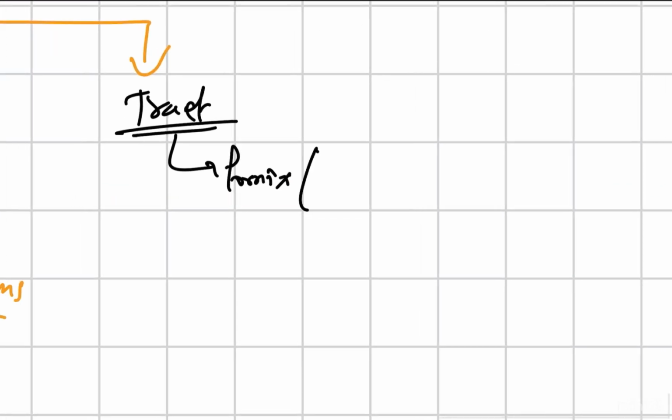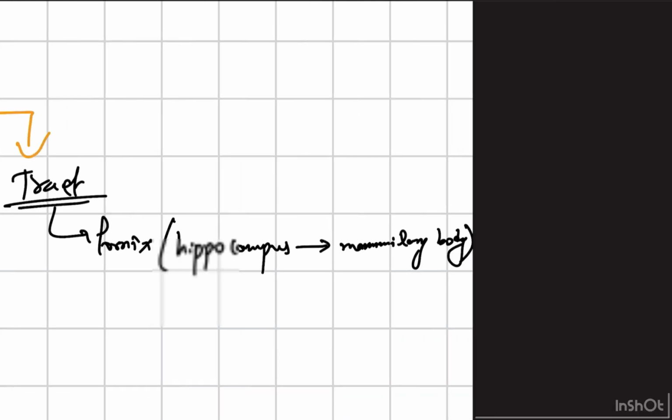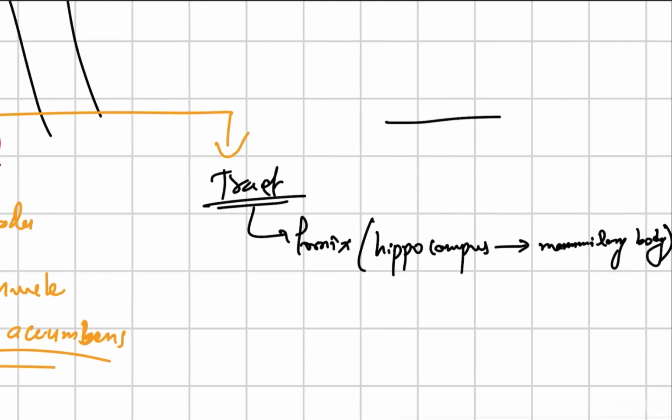In that way I can draw the fornix. It connects the hippocampus to the mammillary body in the hypothalamus. This is a rough diagram. This is the third ventricle, and this is the diagram of the hypothalamus.